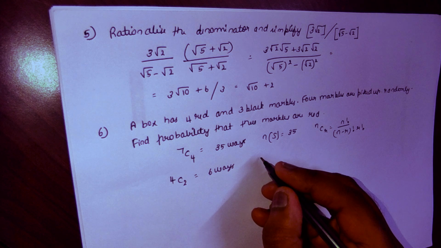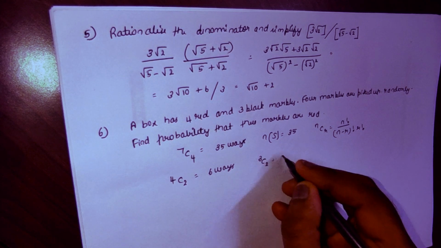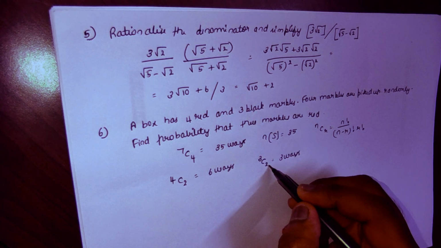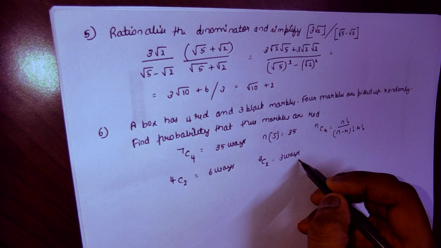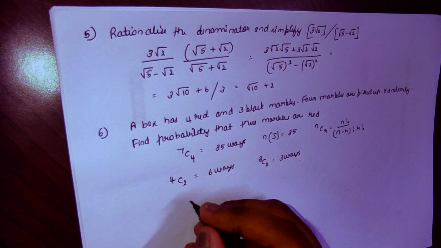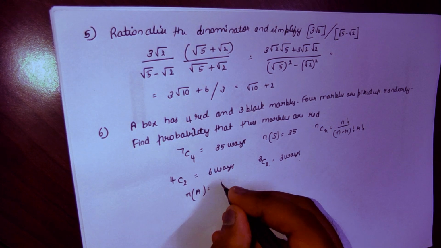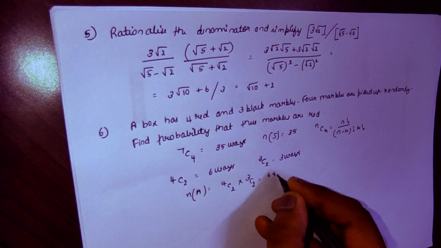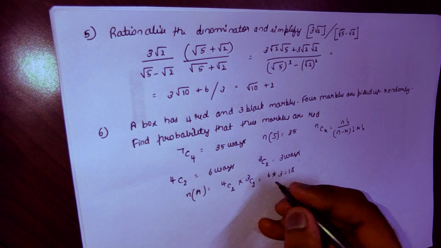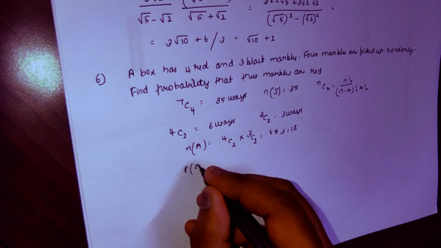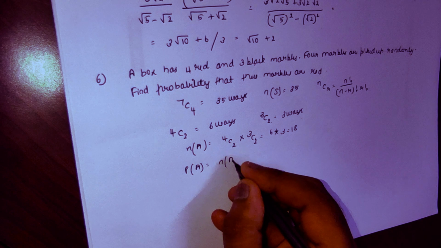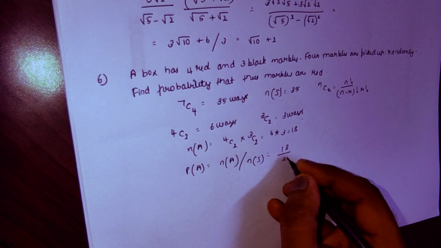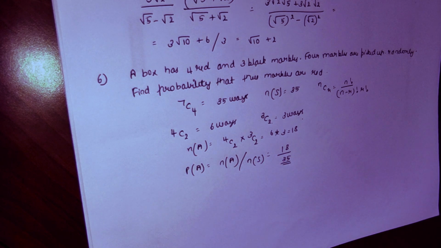So it becomes 3C2, that is 3 ways. Total n(A) is equal to 4C2 into 3C2, that is 6 into 3, that is 18. So the probability of A is n(A) divided by n(S), that is 18 by 35. This is the solution.